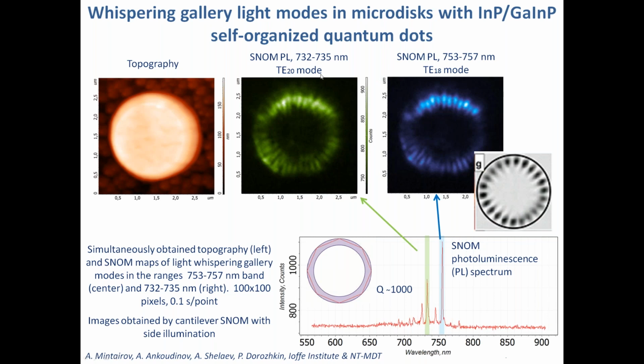For example, this is an image of the TE20 mode of so-called whispering gallery modes, and they correspond to selected sharp peaks on the spectrum. So different whispering gallery modes can be visualized, and using this technique we can make maps of a selected band of the spectrum, which corresponds to a selected whispering gallery mode.